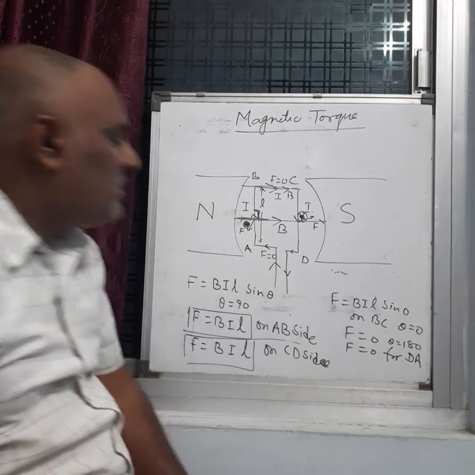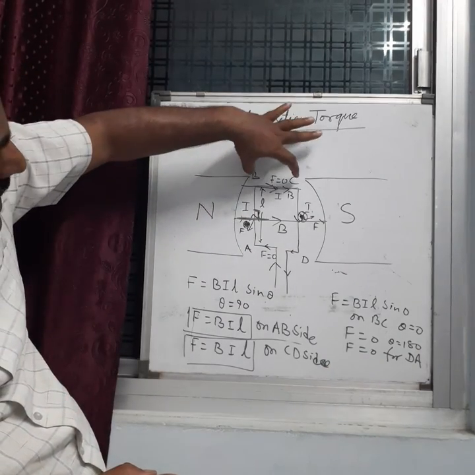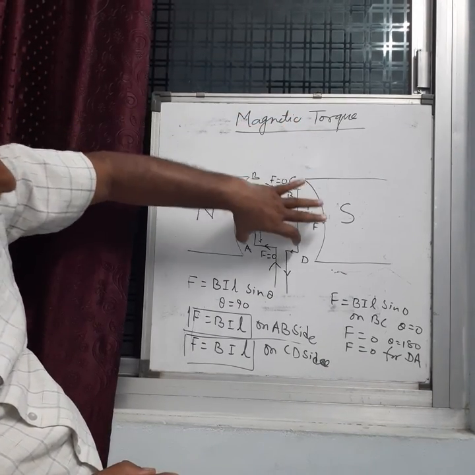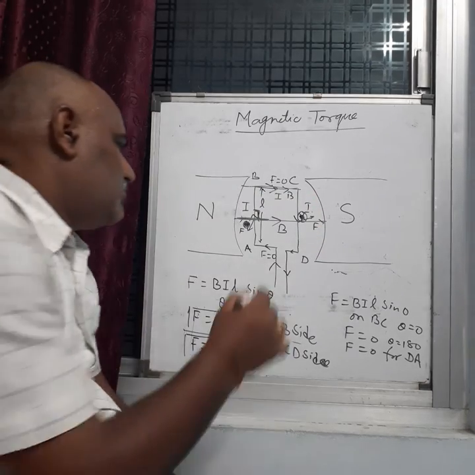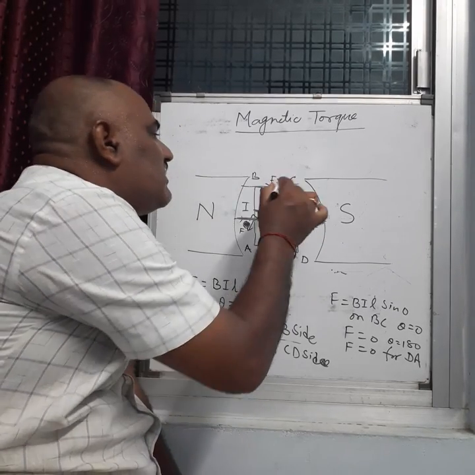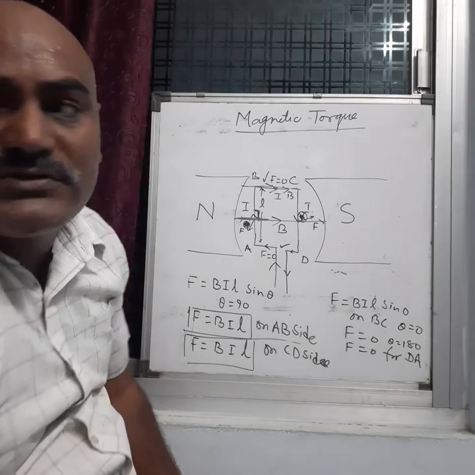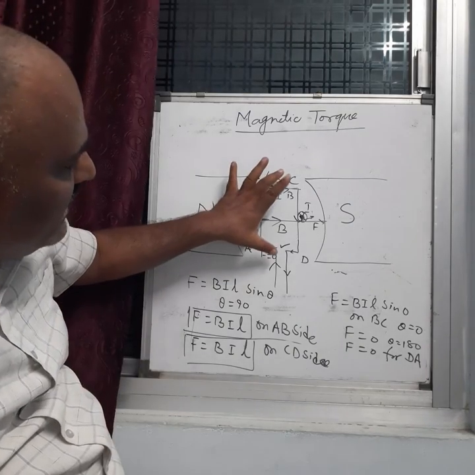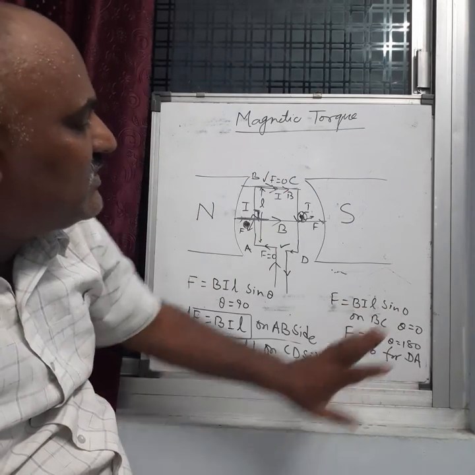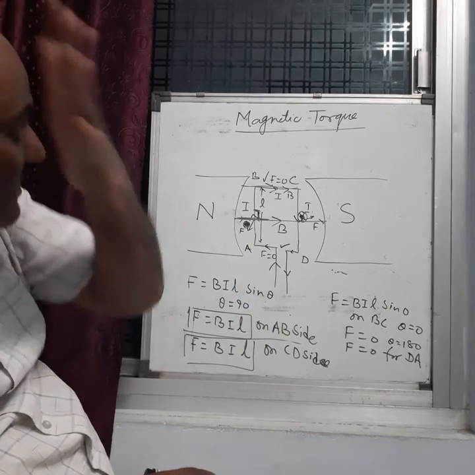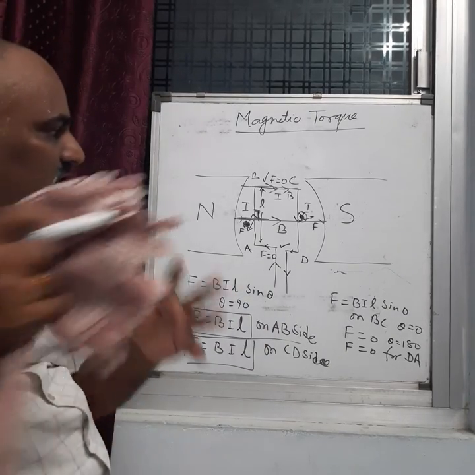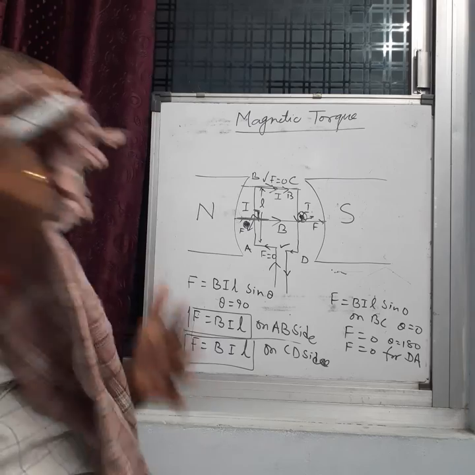So that's why the force on BC and the force on DA is 0. Make sure on this side and this side the force is 0. No force acts here since theta is 0 and 180 degrees with respect to the magnetic field. So that's why the force is 0 here.